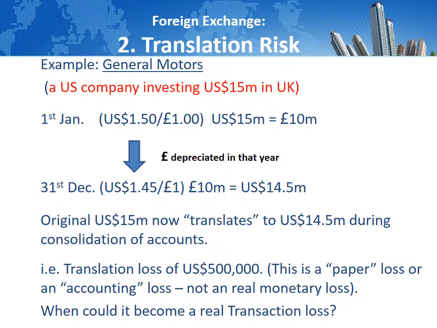And the bank will say, okay, now the exchange rate is 1.45. So the 10 million pounds, where we exchange it for US dollars, you'll get back 14.5 million. So in this case, they actually lost a real $500,000, because initially they started off with $15 million, and now they've ended up with $14.5 million. All right, so a paper loss or a translation loss has become a real transaction loss.